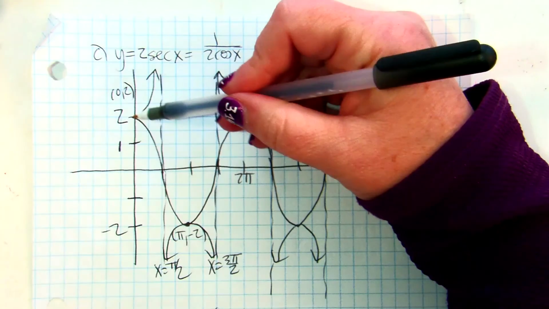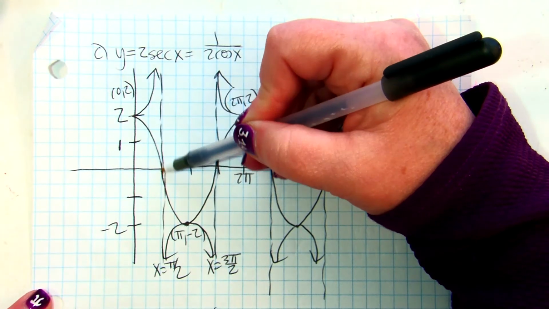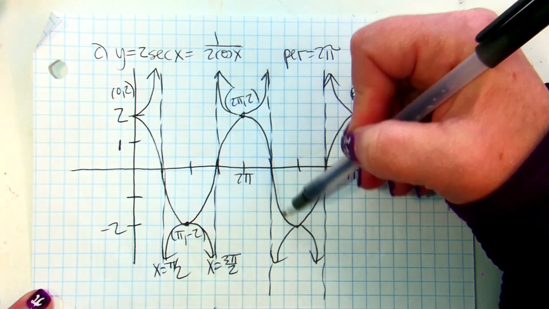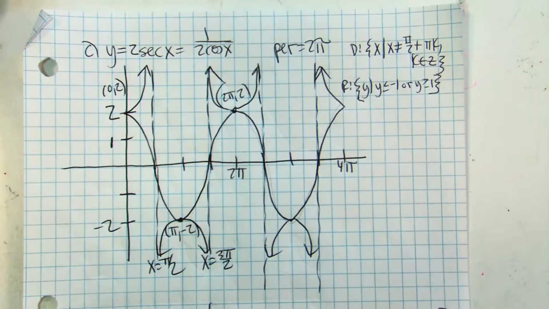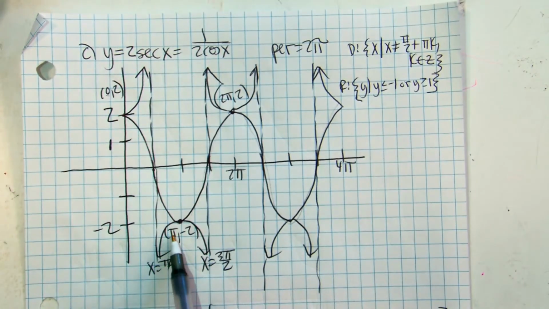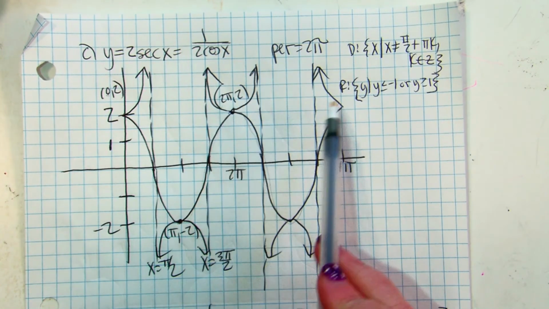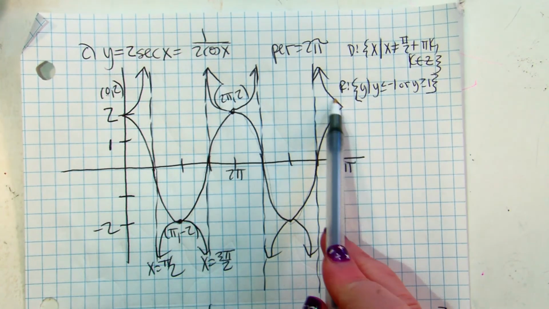So it starts up higher at 2 and then goes to 0, -2, 0, 2, etc. So it just makes the graph stretch. It's like a vertical stretch. The points are 0, 2, pi over 2, -1, and 2 pi, 2. Make sure you do all the u's, even the partial u right here.